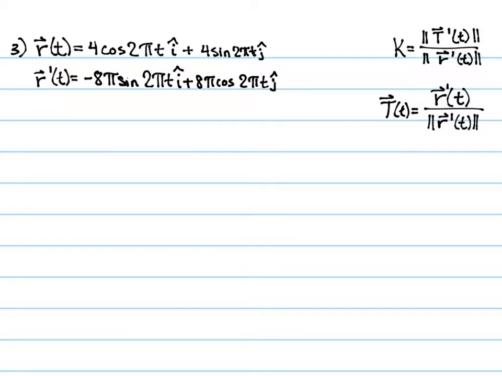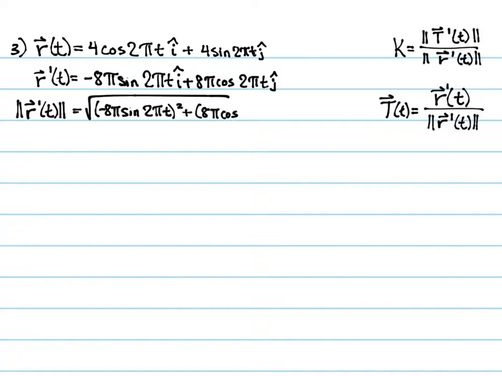We need to do the magnitude of that. Now, some very lovely things are going to happen as we do the magnitude here. I'm going to take each of these components, square them and add them together. So negative 8 pi sine of 2 pi t squared, and then positive 8 pi cosine of 2 pi t squared.